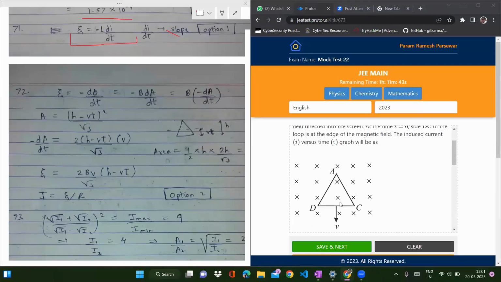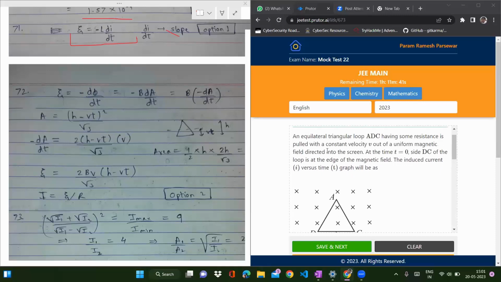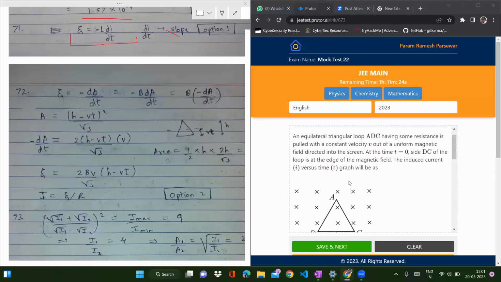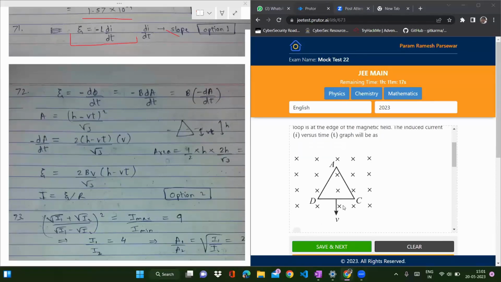But as it is said that at t equals 0, the starting moment, the side DC of the loop is at the edge. Because if the loop is just moving somewhere inside this uniform field, there will be no change of the flux, as the velocity is constant and the magnetic field is also constant. So there will be no induced EMF.